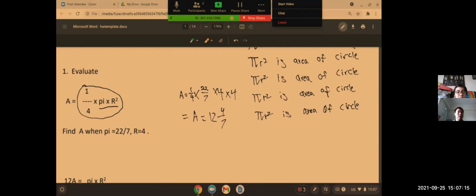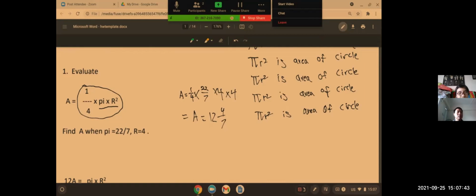If you sub in the value, you will get 12 and 4/7, right? So this value is actually the area of the quadrant. Very good. Why quadrant?